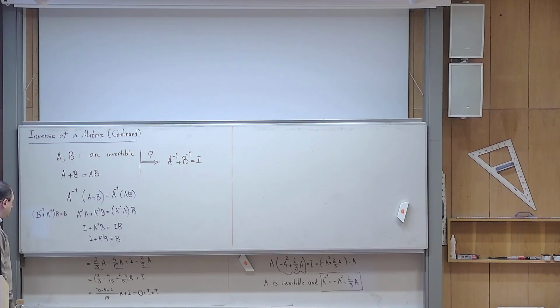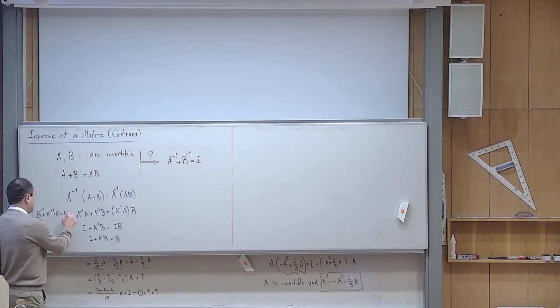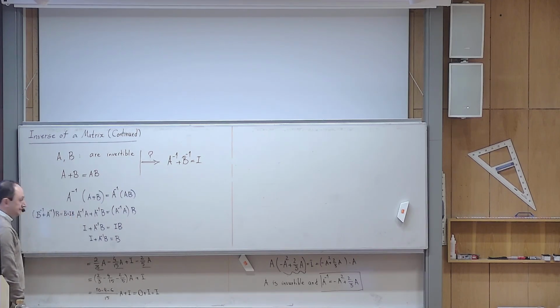A matrix times the identity matrix is just a matrix, so we can write I times B. I times B, then? And since we have a matrix multiplied by B, and the identity matrix is equal to the identity matrix multiplied by B, we can assume that.